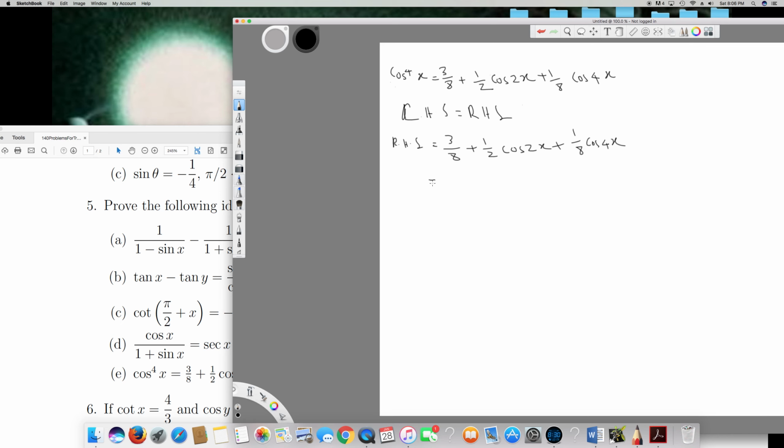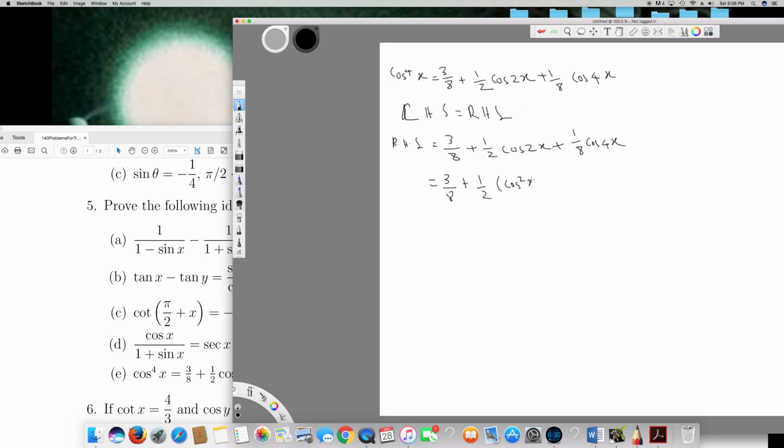First let's expand it one by one to make it easier. Cos 2x can be expanded as cos square x minus sin square x.